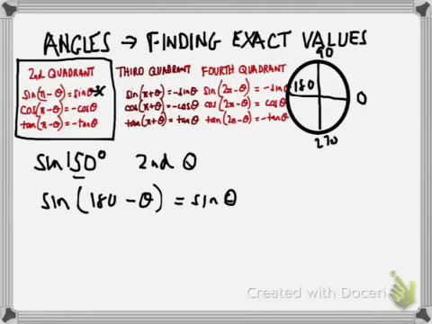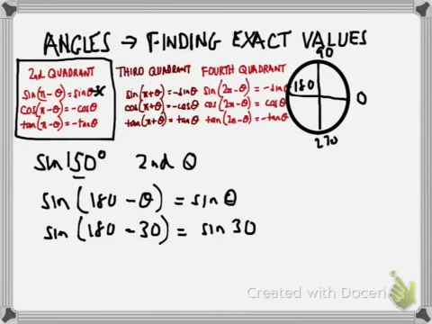So, two steps: identify the quadrant, write the rule down. Now I ask myself, what do I take away from 180 to get 150? 30. So 30 is my theta, equals sine 30.